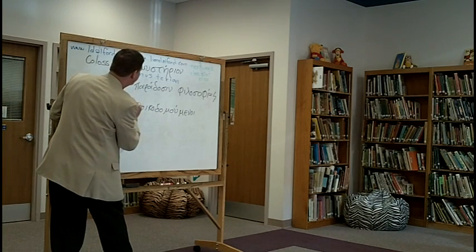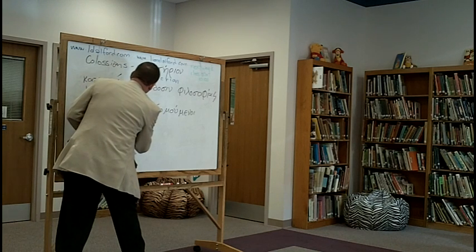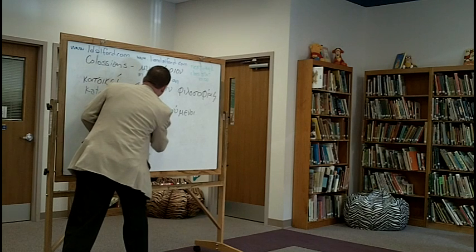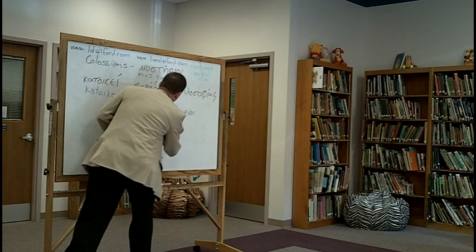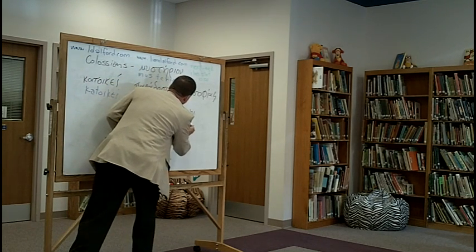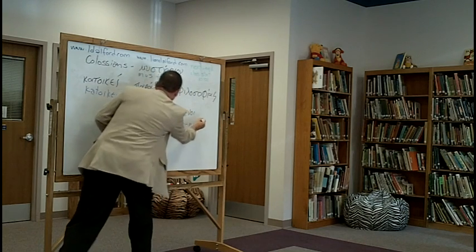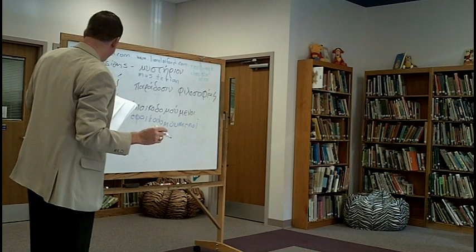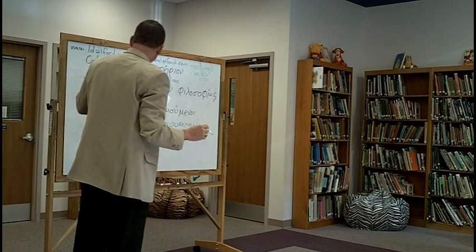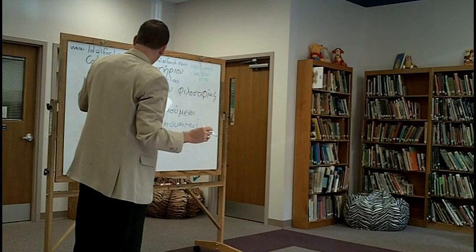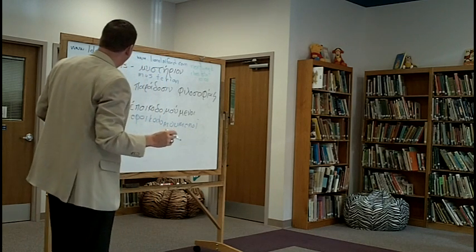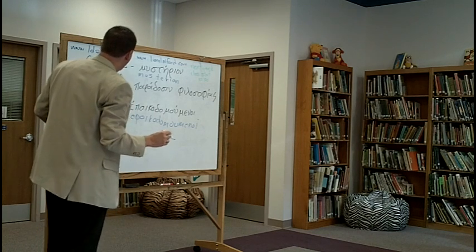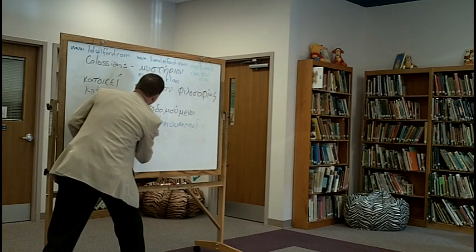Let's look at this one. E-P-O-I-K-O-D-O-M-O-U-M-E-N-O-I. Did I do that right? Okay, that's a big Greek word. That looks too long. Maybe that's got two words put together. Anyway, this is the point right here.